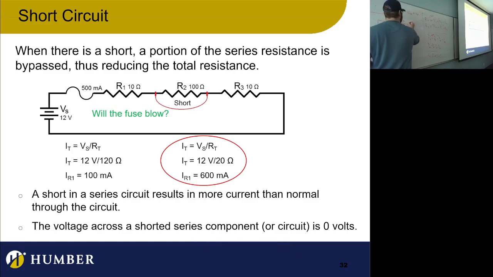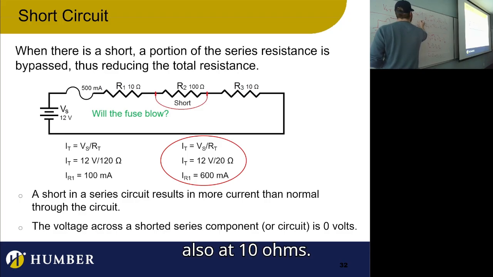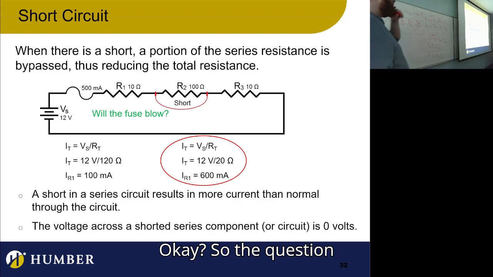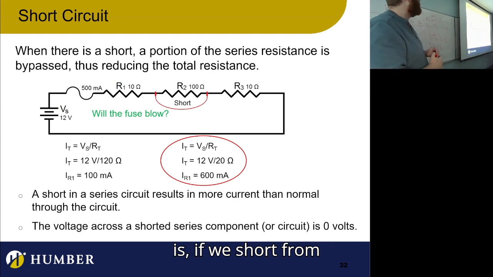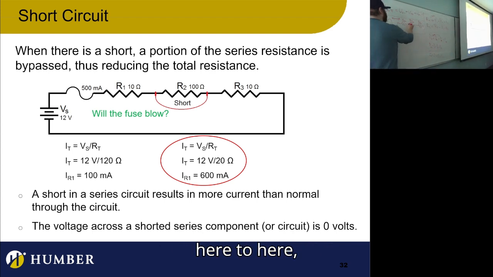Resistor 2 at 100 ohms. And resistor 3 also at 10 ohms. So the question is, if we short from here to here, will this fuse blow?